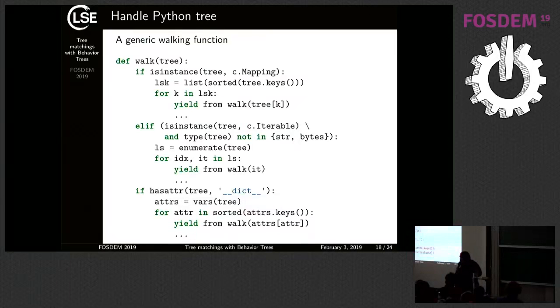I'll hide some data here. The big step is to identify what kind of tree I traverse. So is my tree related to a mapping or an iterable, and at the end I directly iterate through common attributes.